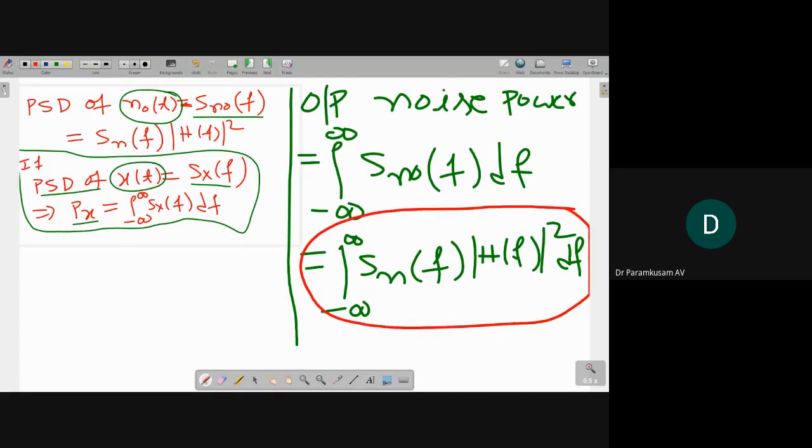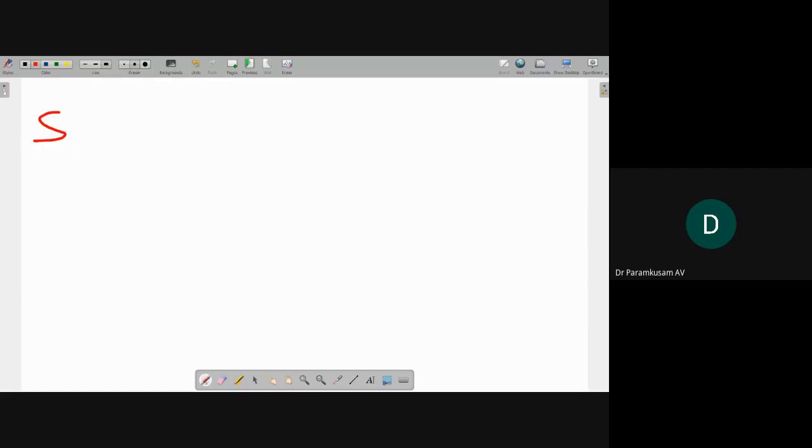Now write the signal to noise ratio. SNR is equal to signal power by noise power.